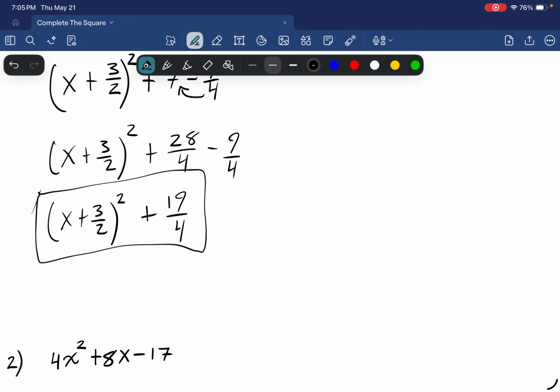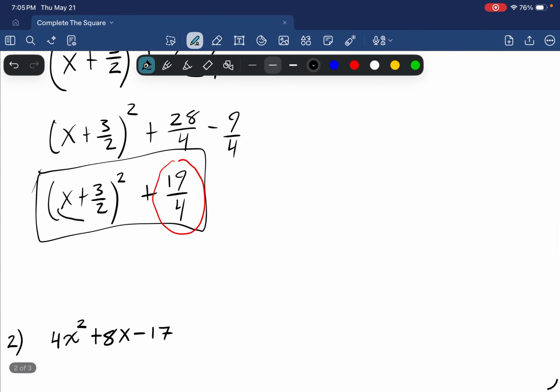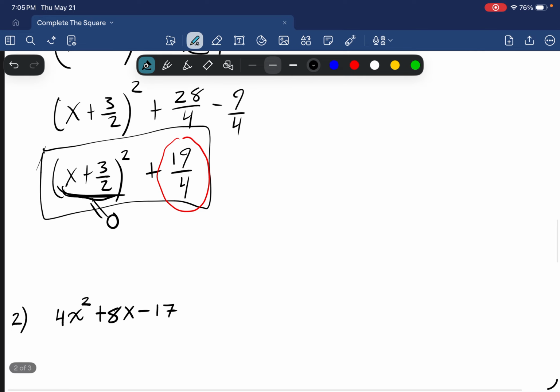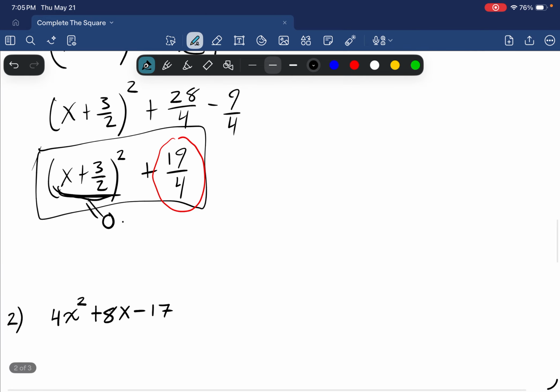Now, how does this relate to the vertex? Well, this value here is going to be the y-coordinate of your vertex, and we have to set the inside of this bracket here equal to 0 to find the x value.